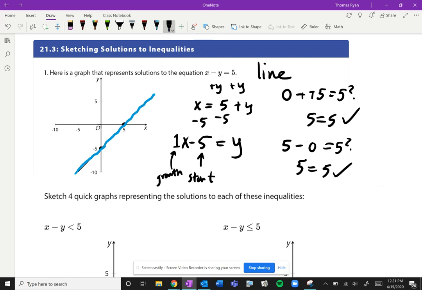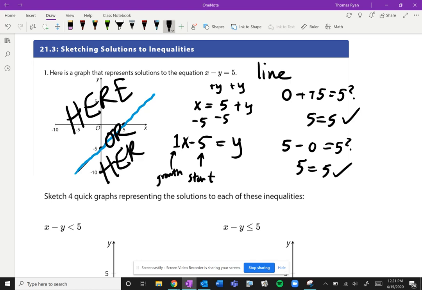Now, what's a little different is that with inequalities, you've got to choose your side of the line. So your solutions are either here on this side of the line, or they're down here on the other side of the line. That's the thing about inequalities. Now, with a line, solutions are on that line.